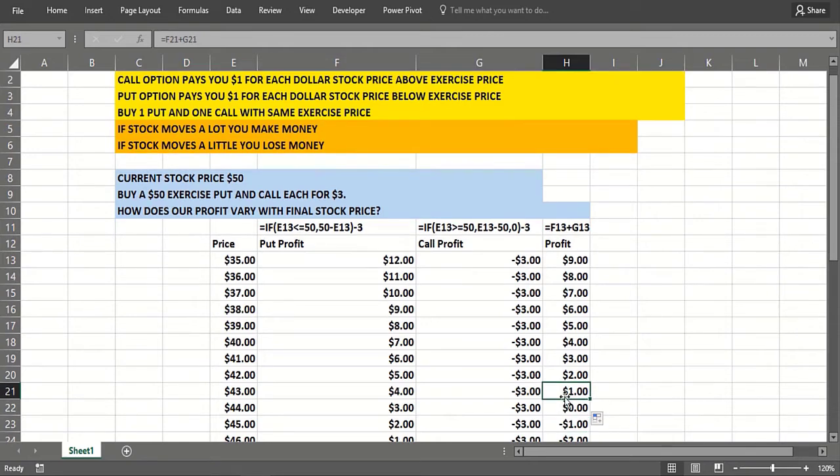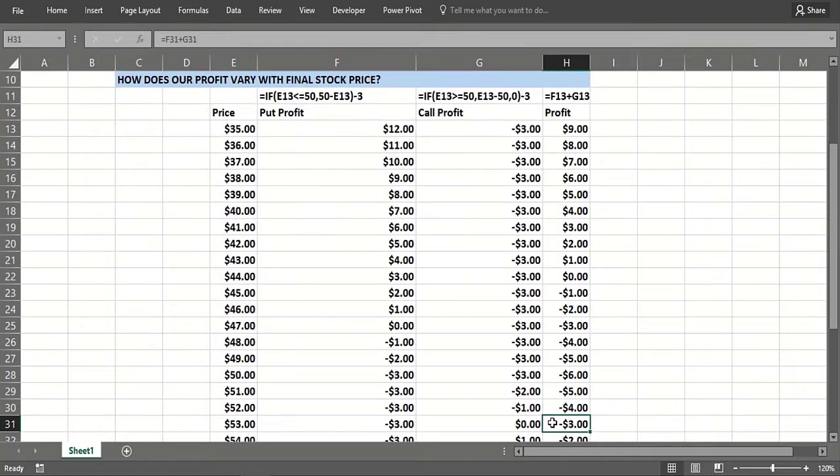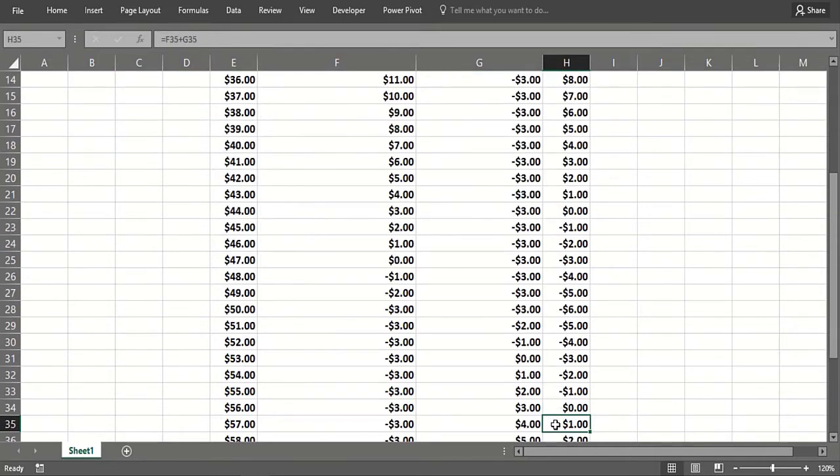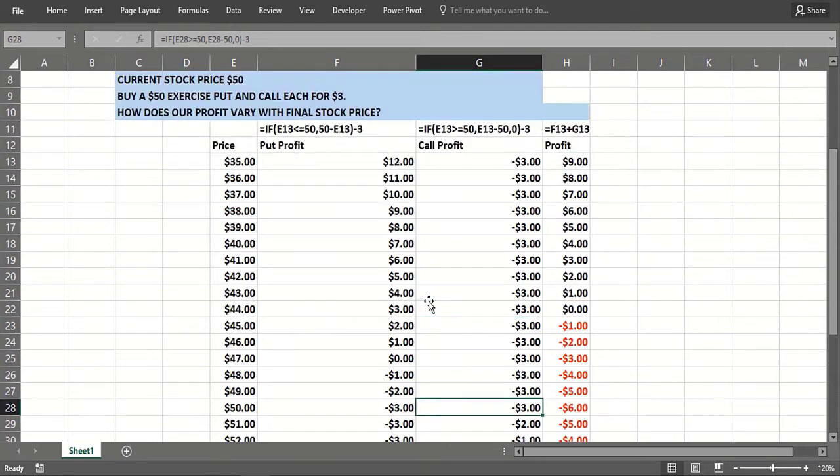If the stock goes 43 or below 44, I make money. If the stock goes above 56, I make money. But in between 45 and 55 here, I would lose money. So basically you can see that the straddle pays off when the stock moves a lot, like we said.